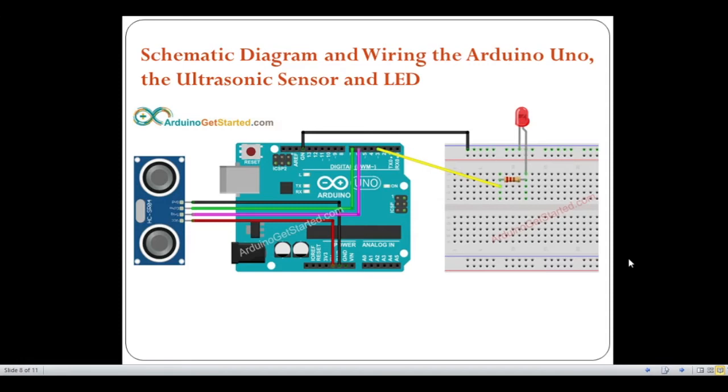You might see that the jumper cables are colored, but you may use any other jumper cable color, for as long as you follow the correct positioning of the jumper cables relative to the position in the Arduino Uno board and in our breadboard, including also the positioning of our LED light and our ultrasonic sensor.